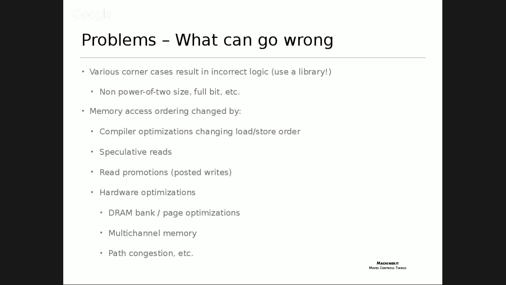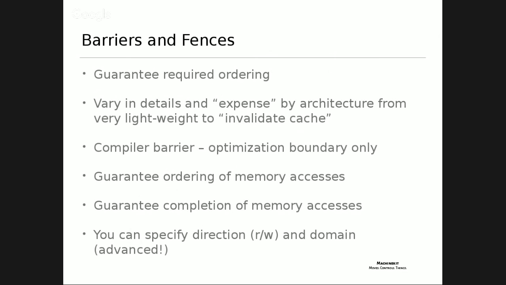So some of those are actually divided up so that you might be able to talk to one bank of memory faster than the other, and it could affect the memory ordering. That's sort of the path congestion as well. Maybe one of the memory banks is being hit pretty hard, and it takes a long time for your write or your read to get processed there, but the other one wasn't really doing anything, so it happened pretty much instantly. All that can change the order of your memory accesses.